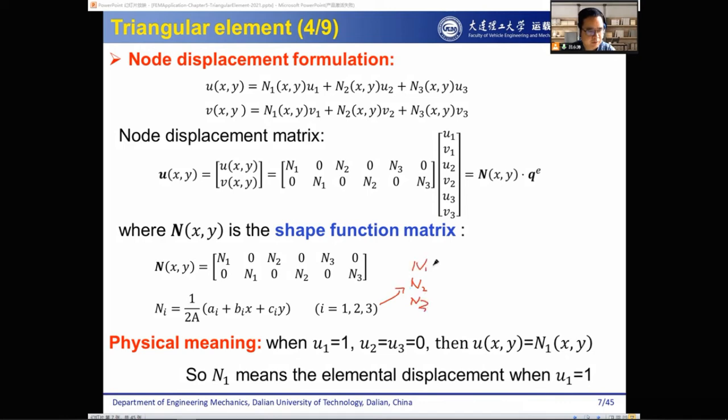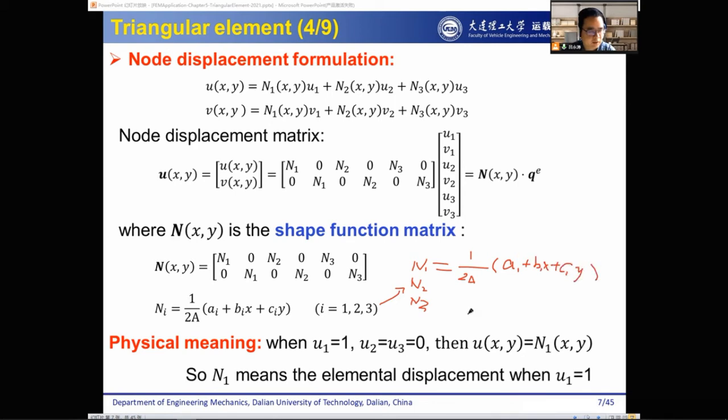Okay, so from here we know N1 equals 1 over 2A, and then with i equals 1, a1 plus b1 x plus c1 y.